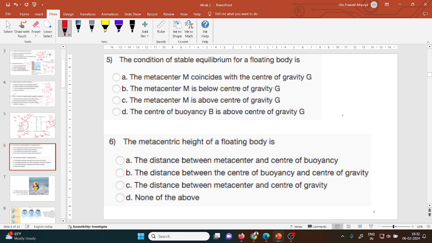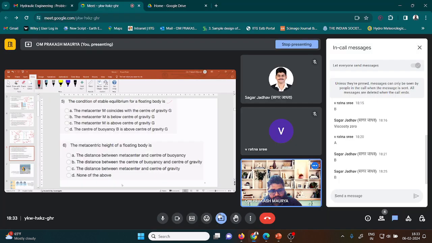This is also an important topic, the buoyancy concept. The condition of stable equilibrium for a floating body is what? Question number 5. Let me read it.